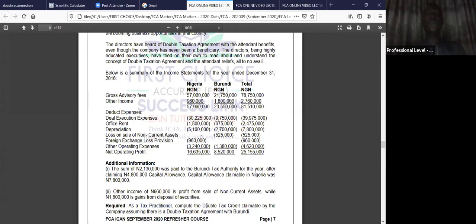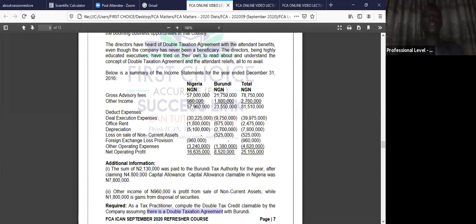Compute the double tax credits claimable by the company. Okay, the double tax credit that will be claimable is anything that is paid as tax in Burundi when they are paying tax in Nigeria. That is when they are going to claim it. Assuming there is, so you see the main thing here, there is a double taxation agreement.